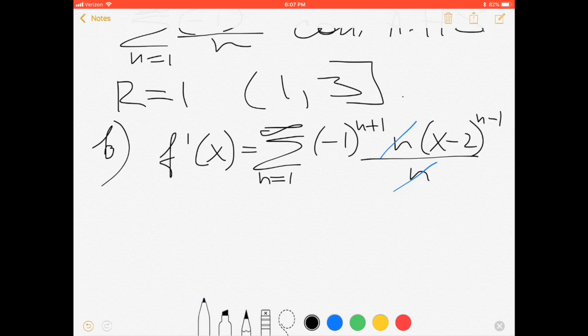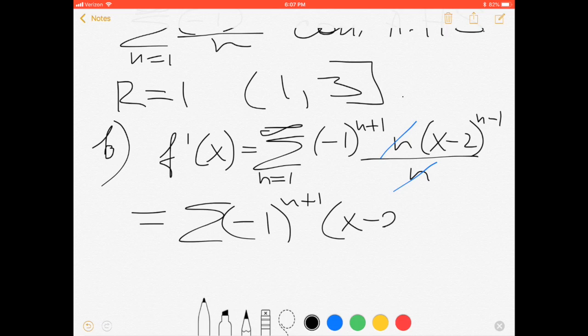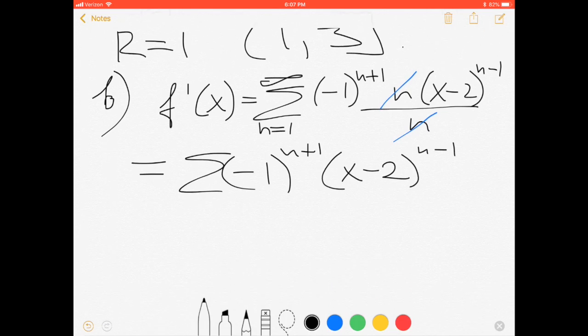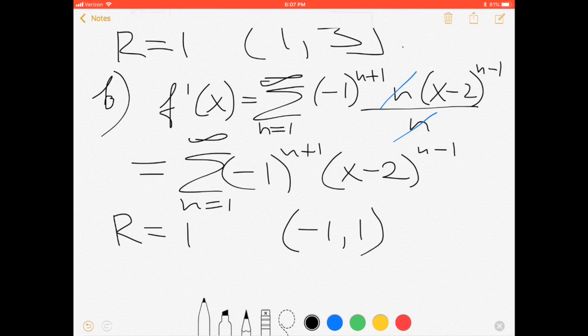And cancel it, and you have negative 1 to the power n plus 1 times (x minus 2) to the power n minus 1, starting from 1 to infinity. What do we have here? The radius of convergence is 1. The interval of convergence, we always write as the open interval negative 1 and 1, and try checking the endpoints.